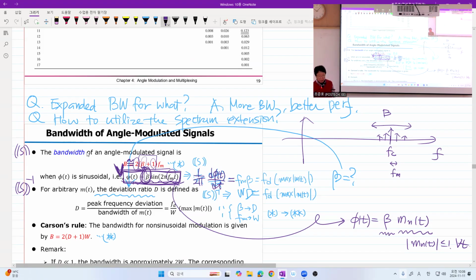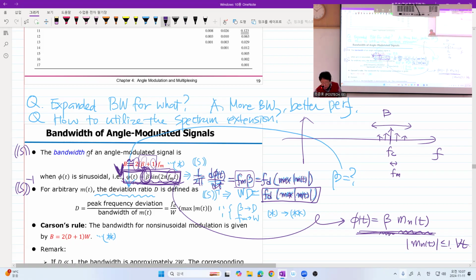Of course, you may have some sign change, but it doesn't matter if you choose it for the cosine. But anyway, Fm beta, right? And what is this one? In terms of this model, this is the largest frequency deviation times something like this. Or in this case, you can replace the right-hand side this way: largest frequency deviation, max of m of t. Same, right?